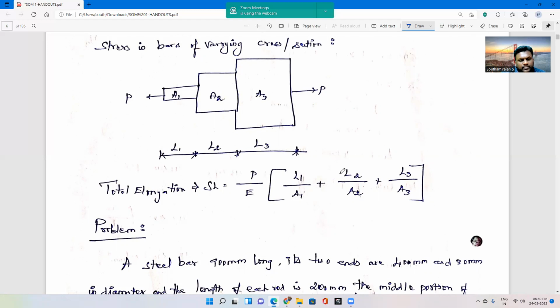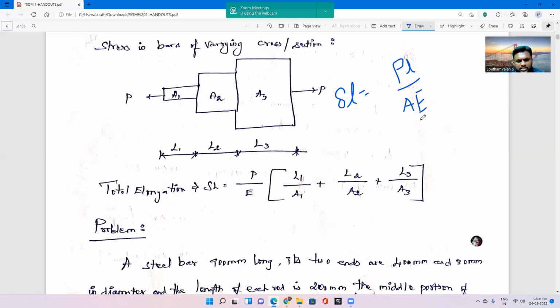Next, in order to obtain the total elongation, which is represented by the symbol delta L, the delta L for a single material will be PL by AE. So delta L equal to PL by AE.